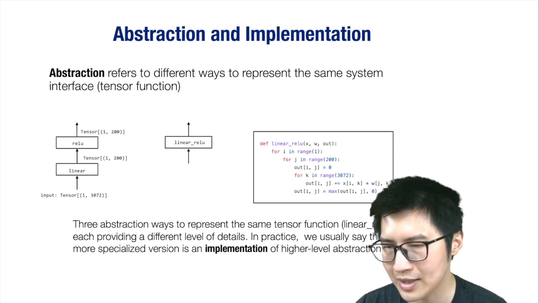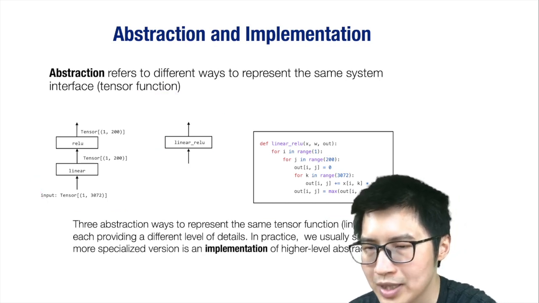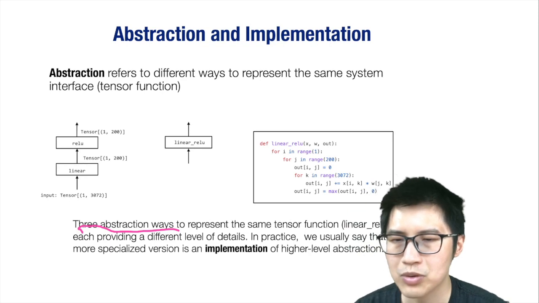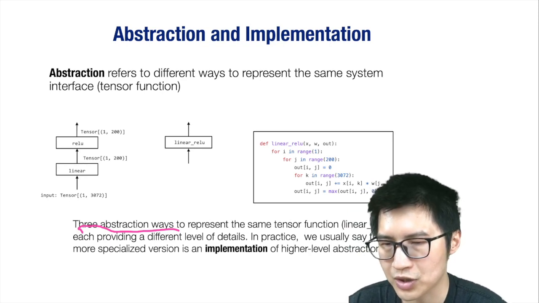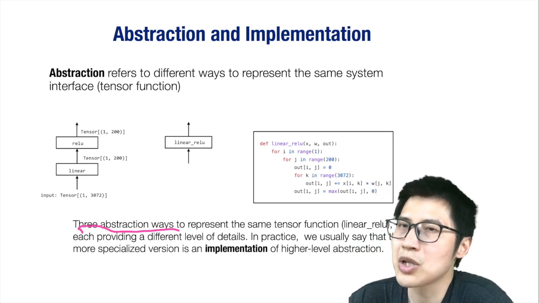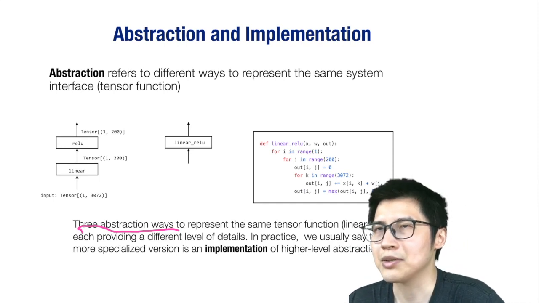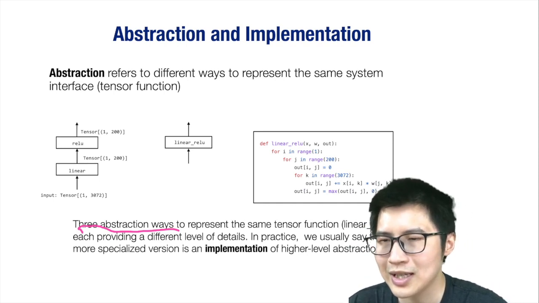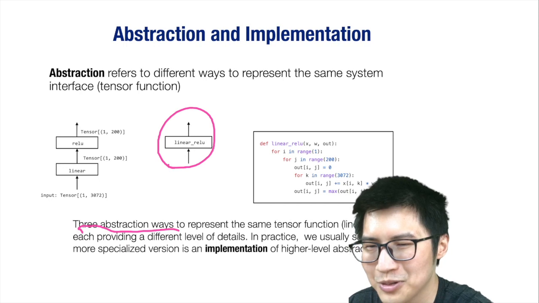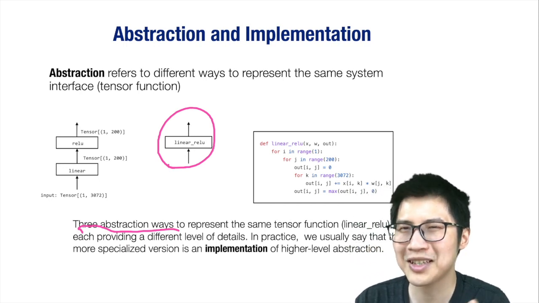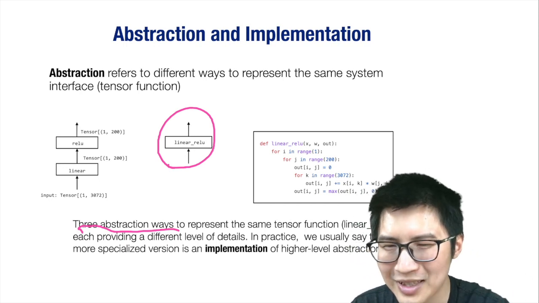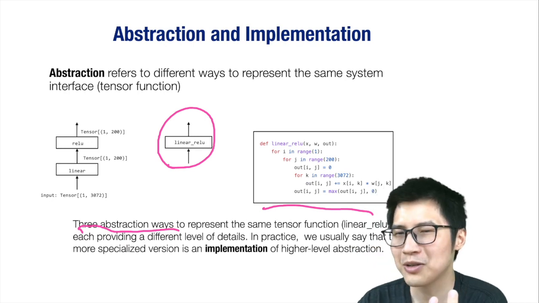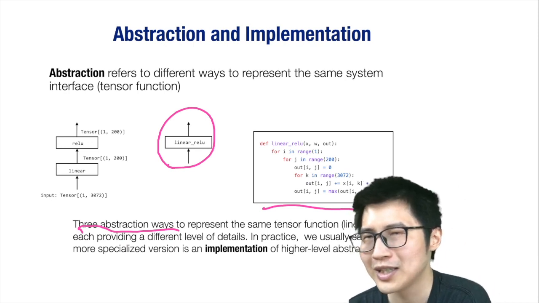In this particular case, you can find that we have three abstract ways to represent the same tensor computation function. And importantly, each of them presents a different level of detail. For example, this higher-level graphical view is certainly higher level than a loop-level view, because I could implement the same linear ReLU using different ways.